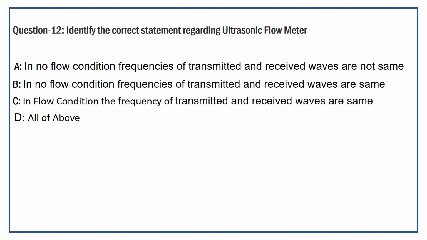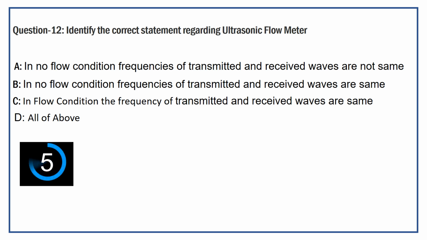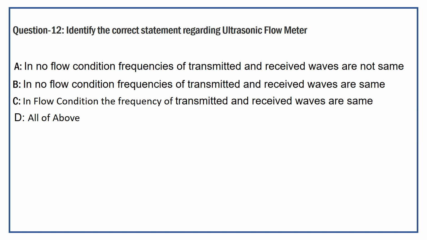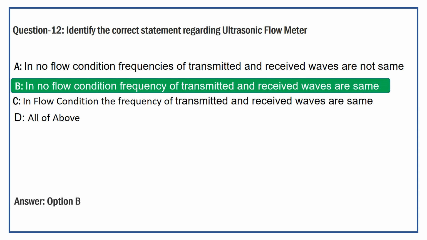Or option D, all of above. The right answer of this question is option B. In no flow condition, the frequencies of transmitted and received waves are same. Yes friends, according to Doppler effect, in no flow condition, the frequencies of transmitted and received waves are same.